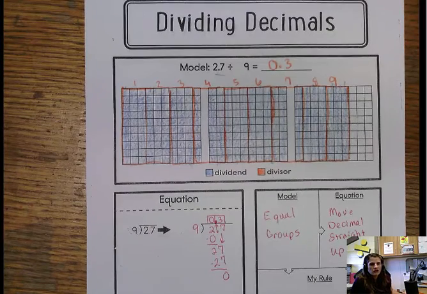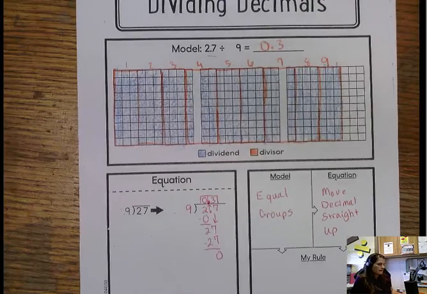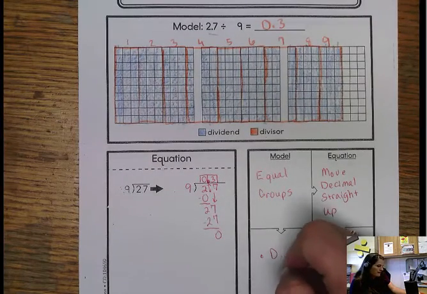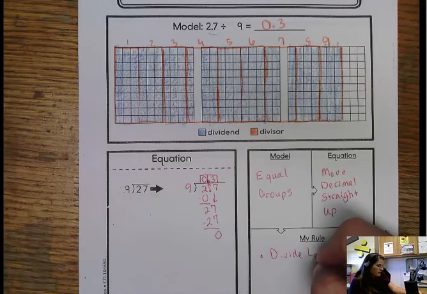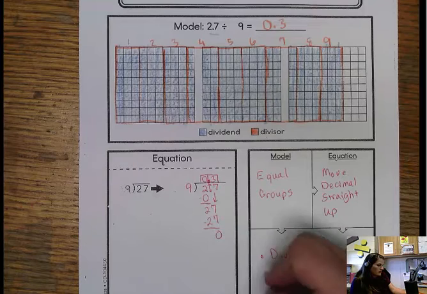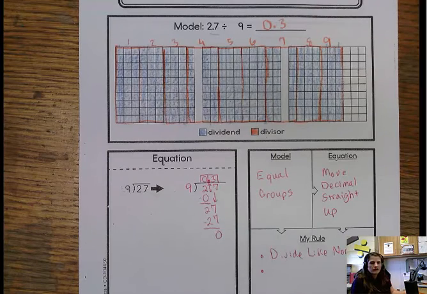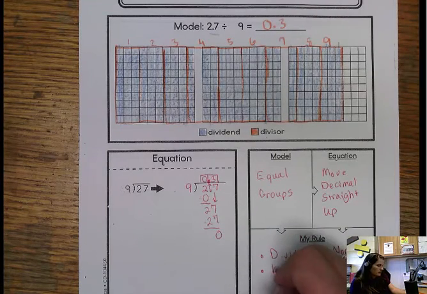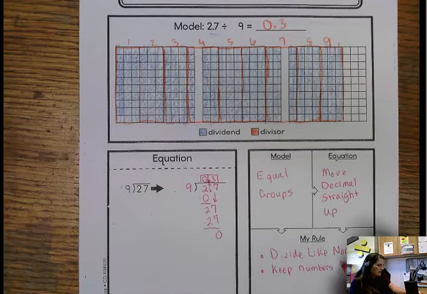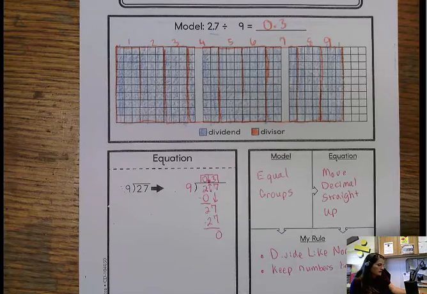So our rule for division is we need to divide like normal. And then we keep our numbers lined up, and we did that by drawing the little boxes.